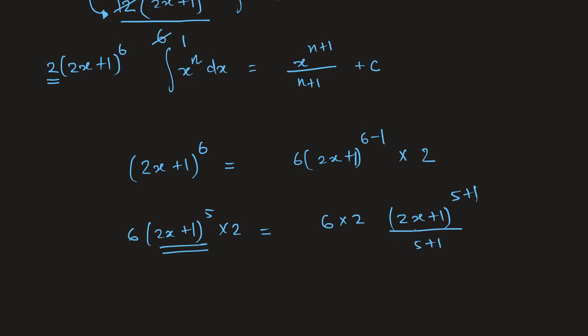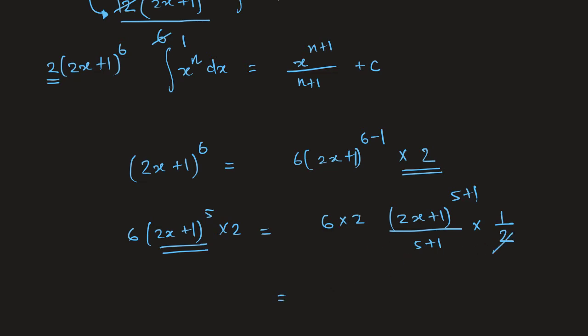We got this 2 because when we differentiated the inner part, we multiplied by 2, and integration is the reverse process. So instead of multiplying by 2, what we'll do is the reverse: we'll divide by 2. Now let's check what we will get.